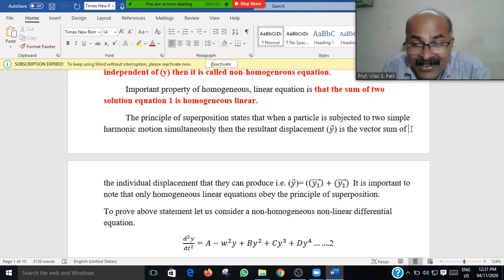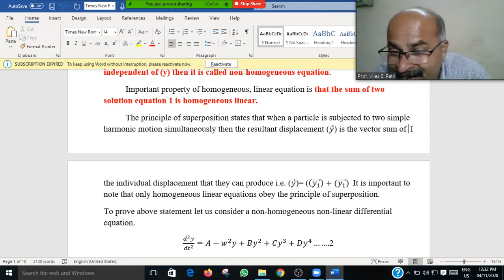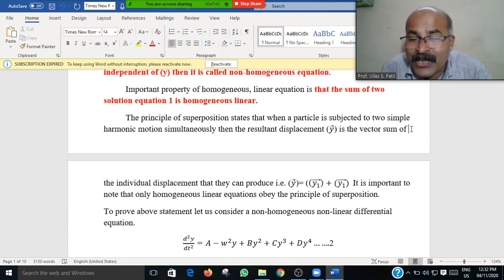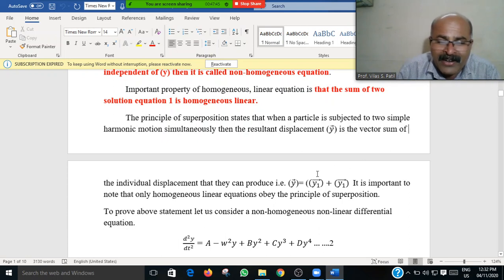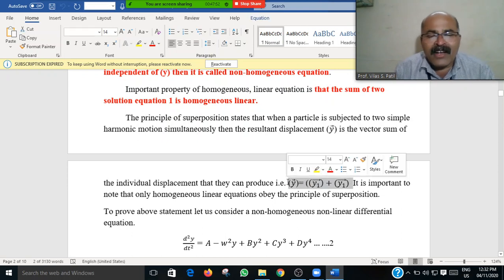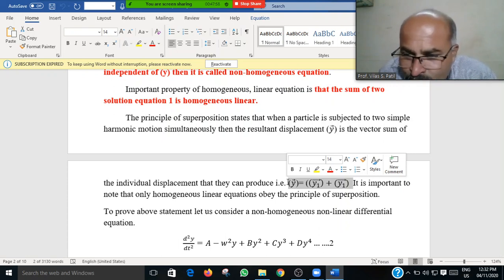Then what is the resultant displacement? The resultant displacement y vector is equal to y1 vector plus y2 vector. This is the mathematical relation of the homogeneous statement that will be known as the superposition theorem.